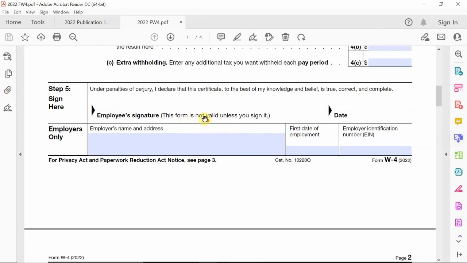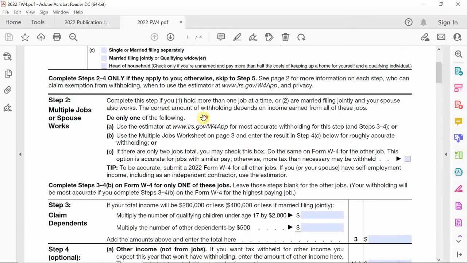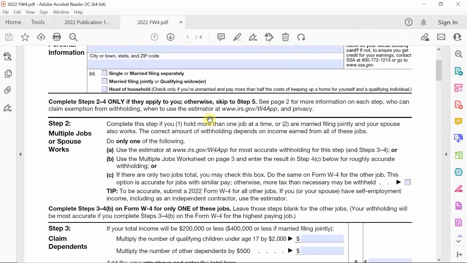Right? So that's why, if you look here, it should say right underneath here that you can use what's called the W-4 tax generator, right? So it will tell you right here, this irs.gov tax generator. This is going to make it easier for you to fill out the form because it will give you a series of questions and you answer them.